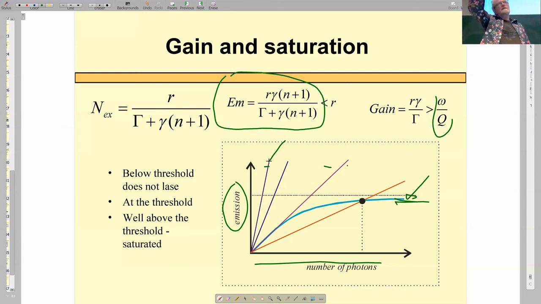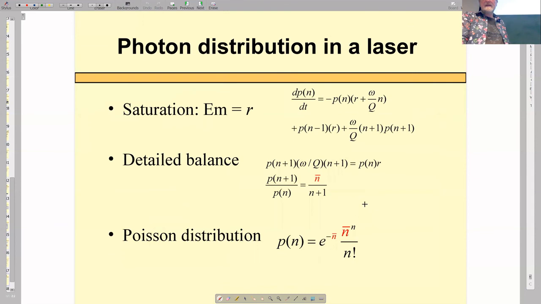If you make quality better and better, the line leans, and there is some intersection here. The equilibrium number of photons in the laser. Good. This is called laser in saturated regime. So emission is almost saturated.